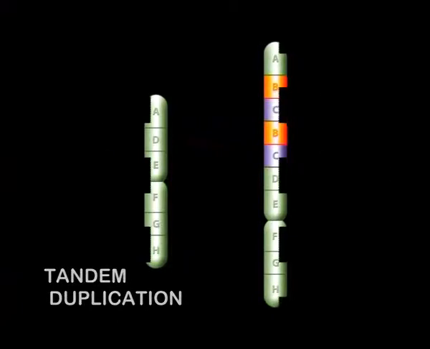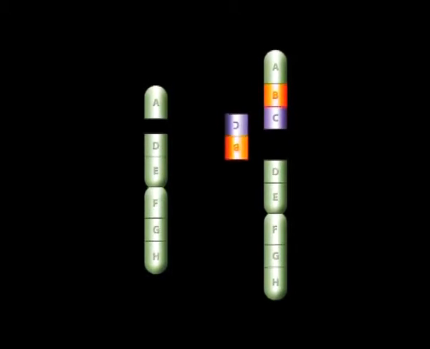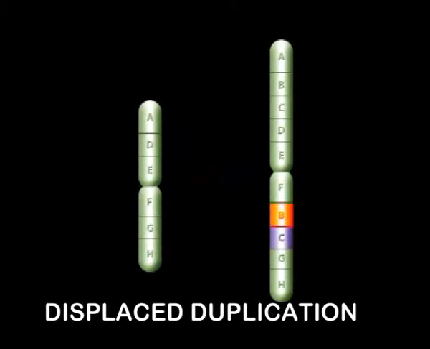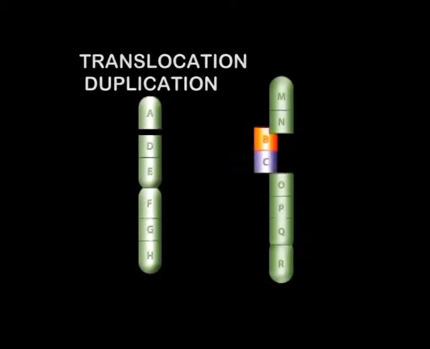When the gene sequence in the extra segment is in the opposite order of the original, it is known as reverse tandem duplication. In some cases, the extra segment may be located in the same chromosome, but away from the normal segment. Such cases are termed displaced duplications.